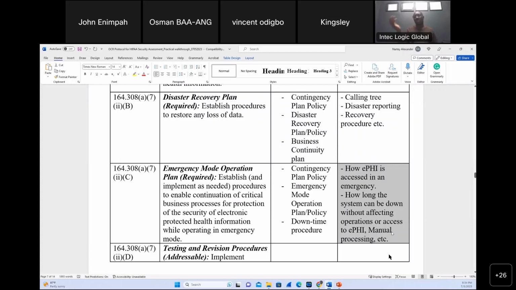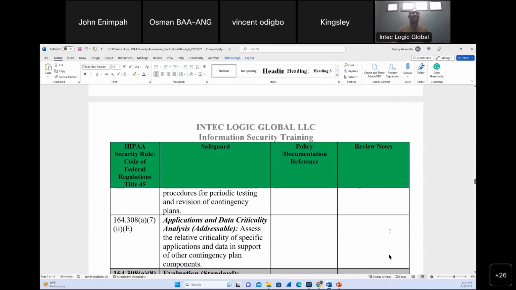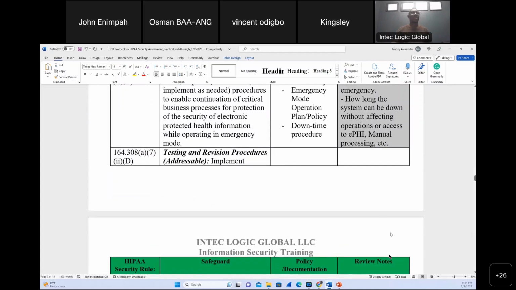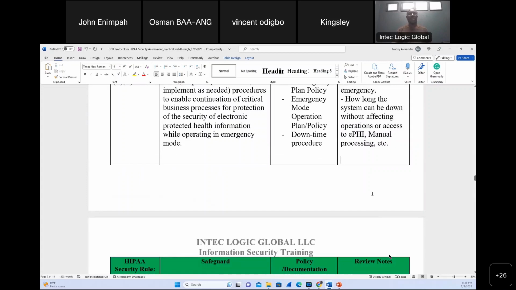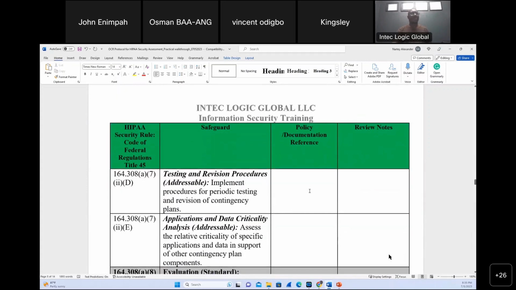Some hospitals can say, okay, we call something RTO and RPO, downtime for about maybe 2 hours, we are okay. We can use paper charts, we can use paper documents, later on we transfer. That is acceptable, right? So they need to have those kinds of services in place. The key thing is that we don't want to have a single point of failure when it comes to providing services to our clients, right?